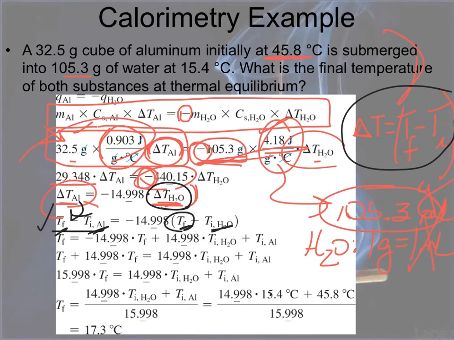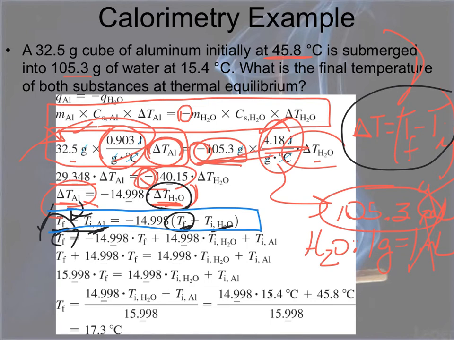Now, notice the final temperature, I didn't specify final temperature of aluminum and final temperature of water. That's because the final temperature will be the same at thermal equilibrium for the water and the aluminum. Now you need to combine the final temperatures, and at this point it would probably be smart for you to go ahead and try to solve this mathematically yourself, because I think for quite a few of you, you need to refresh your algebra, how you isolate equations and solve.